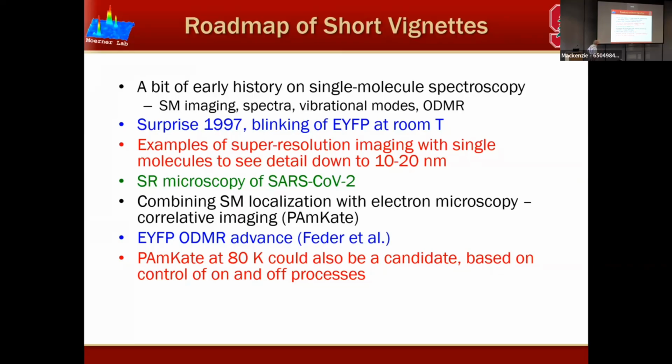That was reported at the beginning of the meeting. And I'm going to talk also about some super resolution imaging with single molecules, specifically or primarily SARS-CoV-2. Because I think it's an amazing demonstration of what you can do with those simple methods. Then I'll talk about combining single molecules with electron microscopy and correlative imaging.